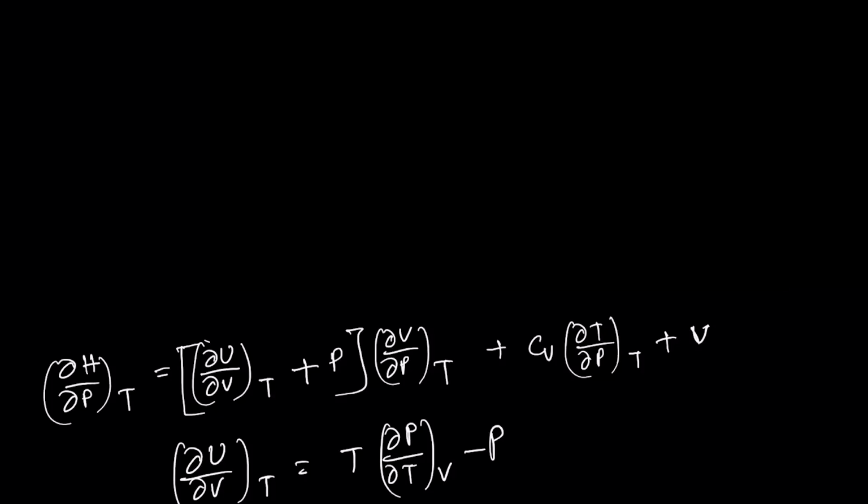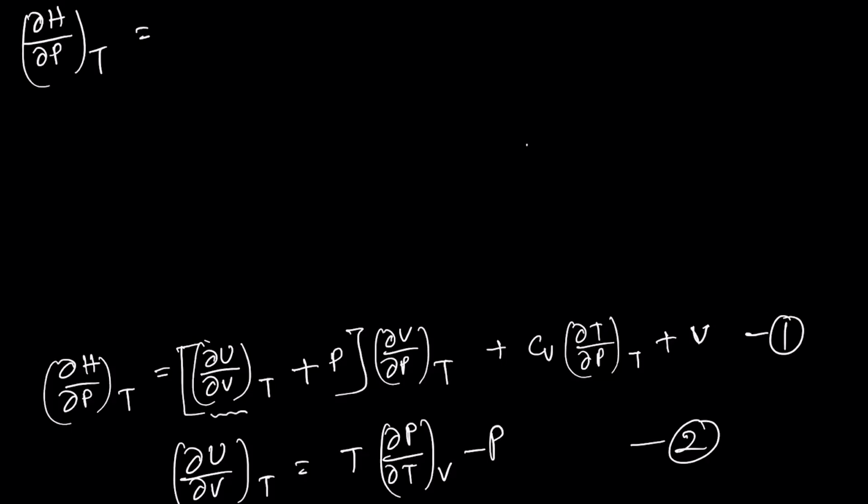Now, I am denoting that equation 1 and equation 2. So, I am going to put equation 2 in equation 1 and derive del H by del P at constant T again. I am going to write T del P del T at constant V minus P here.